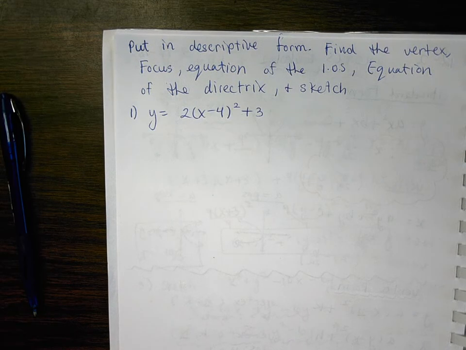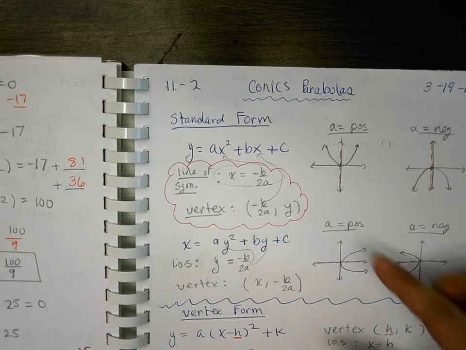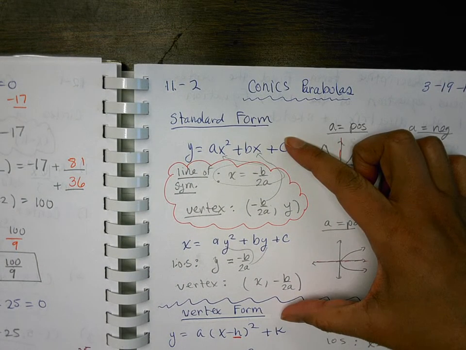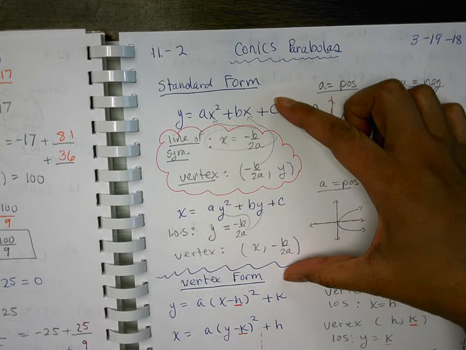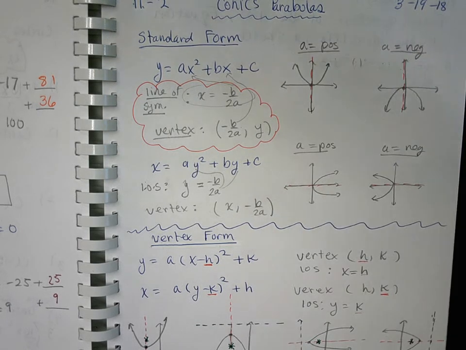All right, there's a lot to do. We're going to get through it. First, it says write or put in descriptive form. Now, I didn't use the word descriptive form earlier. Does anybody know which one of these would be considered descriptive form? Standard or vertex? Standard? What does descriptive mean? To describe something, to explain what it means, yes, to give description.